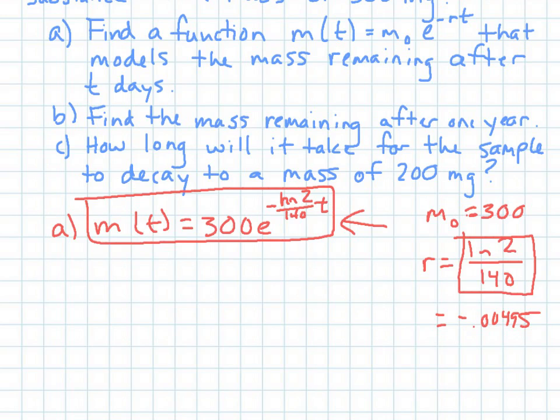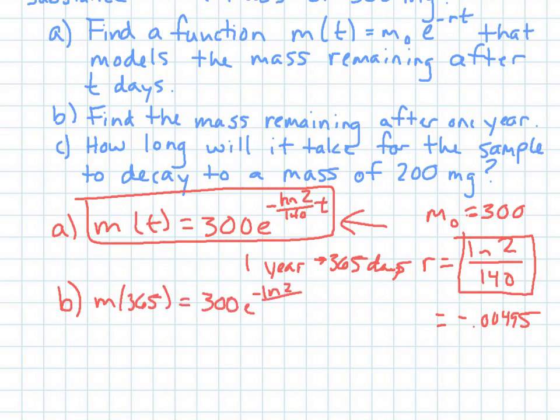Okay? So now, if you want to know how much will be remaining after a year, remember we want it all in the same time units. So 1 year would be 365 days. So then I plug in 365: 300 times e to the negative ln 2 over 140 power times 365.